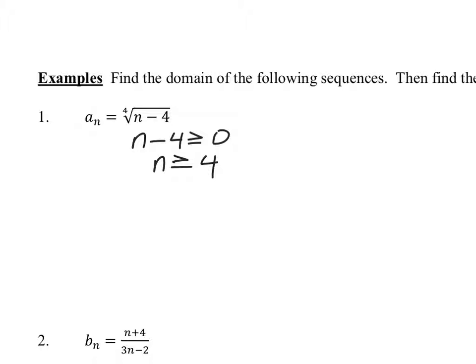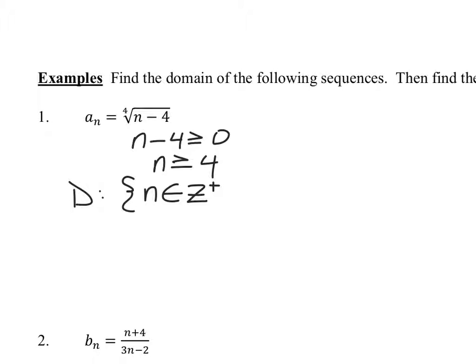Bearing in mind that there's nothing wrong with having a negative under an odd root. If it's a cube root, fifth root, whatever, you could have a negative under the radical, and there's no problem. It's only the even roots. So what I would state here is my domain is that n belongs to the set of positive integers.